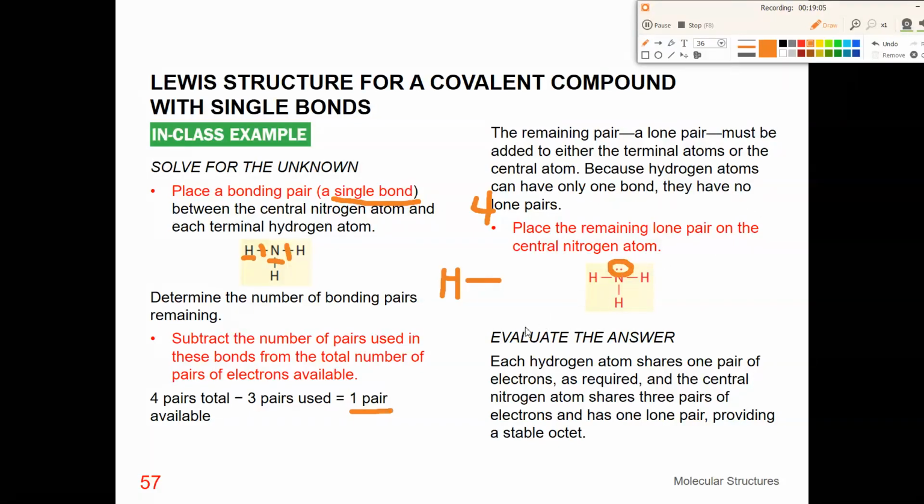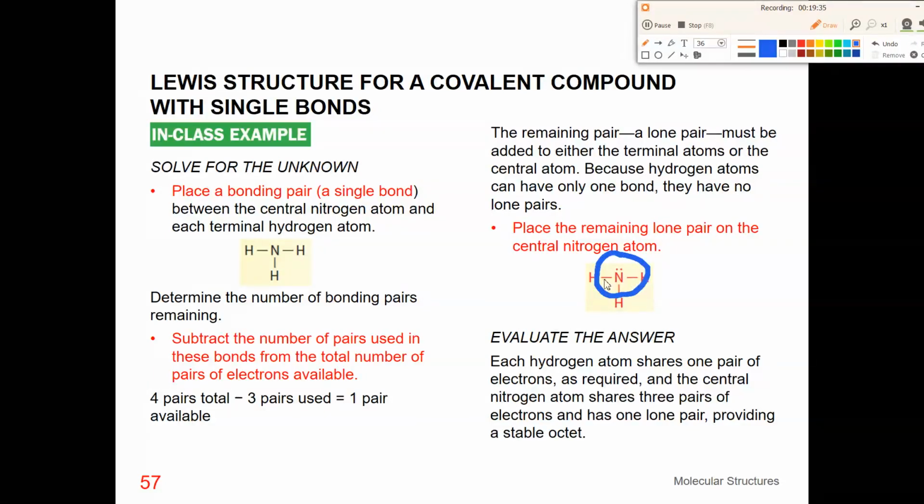The last step is to check the octet. Check hydrogen: each hydrogen can only have 2 electrons, just 1 bond. So all the hydrogens have 2 electrons, and hydrogen is good. Then we check the nitrogen.